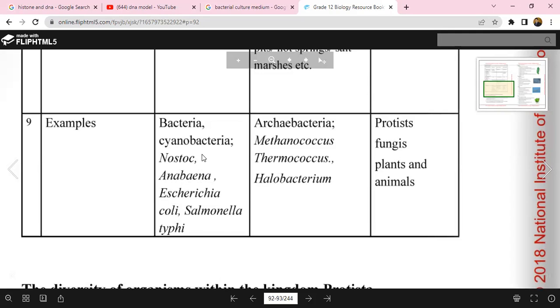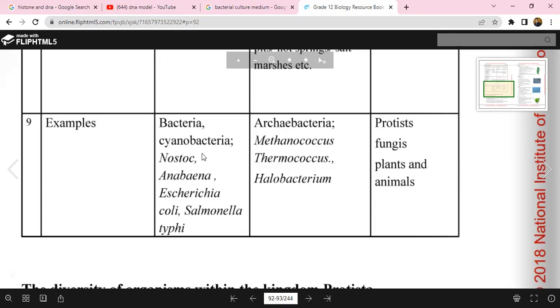And the last one: Salmonella typhi. Among these, two are cyanobacteria and two are bacteria. Bacteria: Escherichia coli and Salmonella typhi. Cyanobacteria: Nostoc and Anabaena.